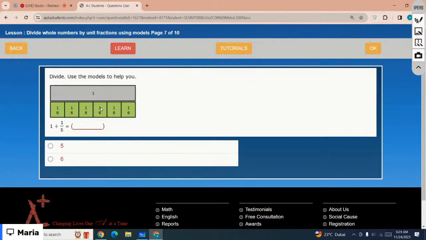The correct option is, yes, that is 6. 1 divided by 1 sixth, it is right. So the correct option is 6.